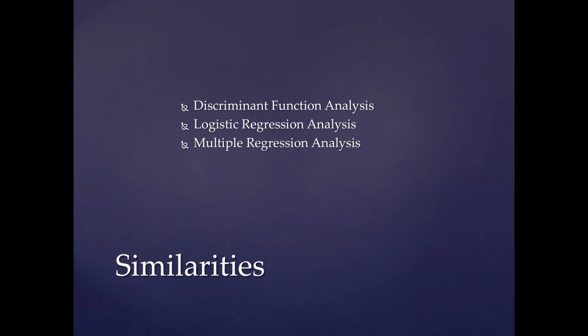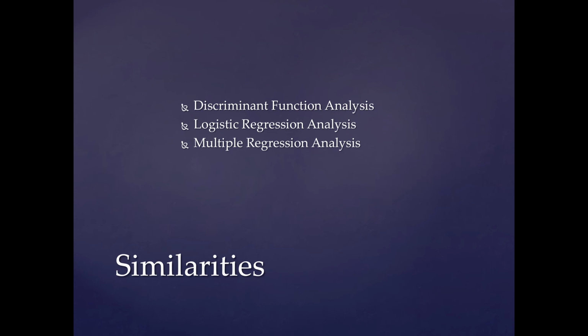Multiple regression is seeking to predict a particular score, and I would say think about it as more like a criterion score. Where logistic regression and discriminant function analysis seek to predict, explain, come up with a model that defines group membership.